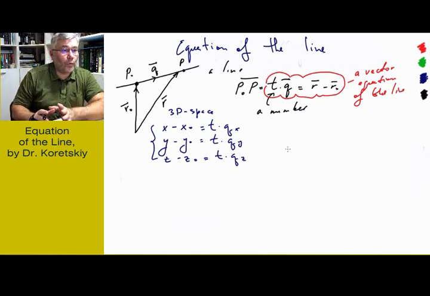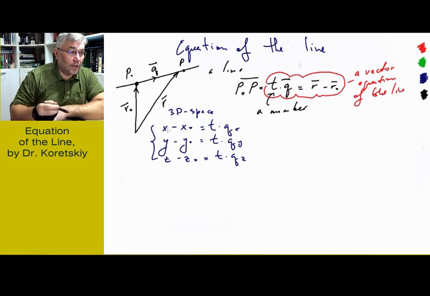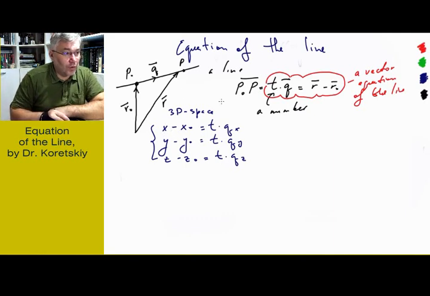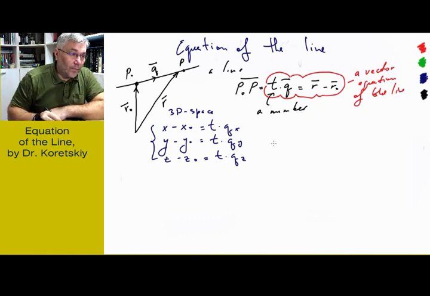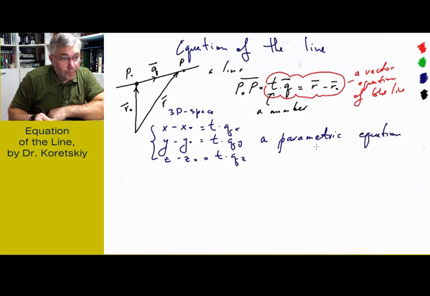This is the same line, but we change a little bit the way to define it, through the components of the vectors. This way to write down the equation of the line is known as a parametric equation of the line.